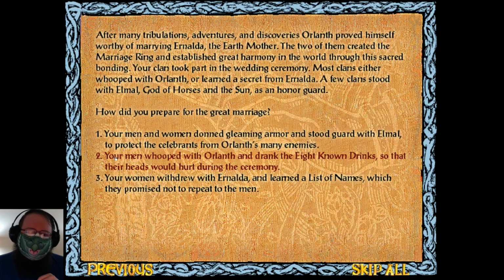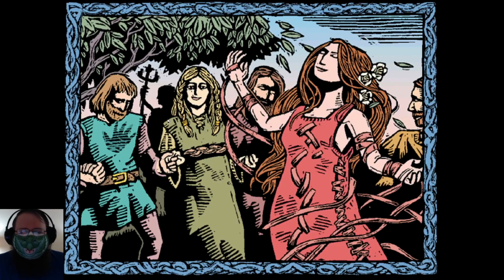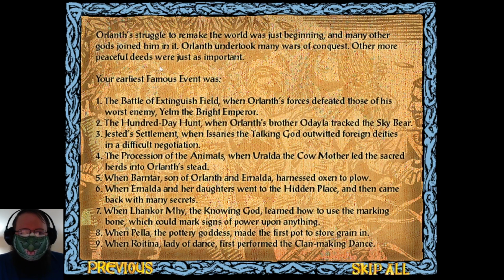Basically, difficulty: easy, medium, hard. If you're playing on the hard difficulty, generally the advice seems to be to go with Orlanth. But yeah, this is the hard mode. We're going to go Orlanth just because he's the god that we kind of went with to start with, so it's the one I'm going to go with now.